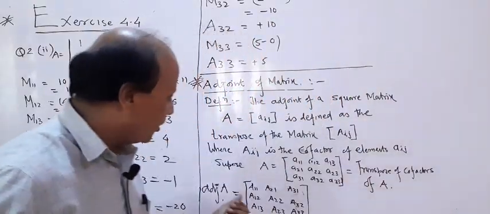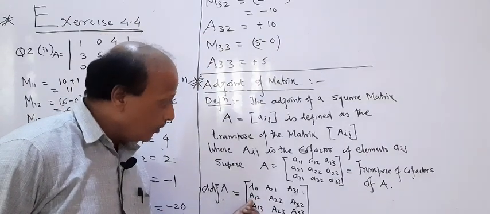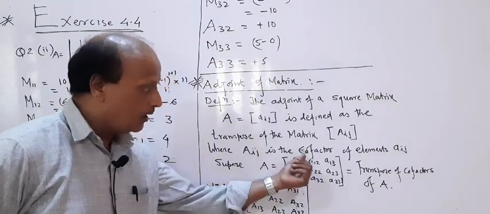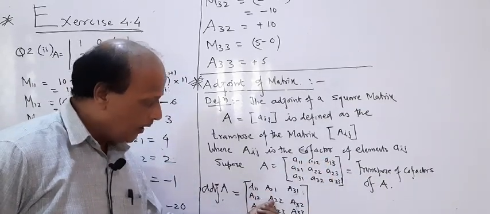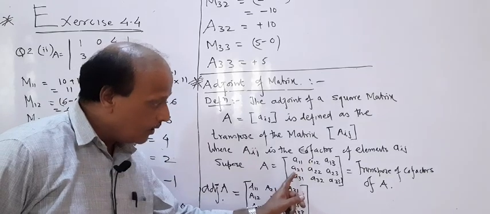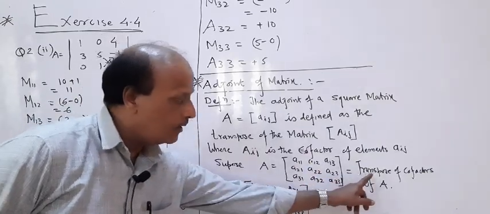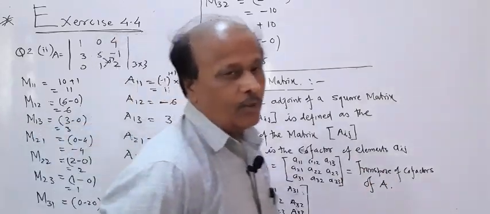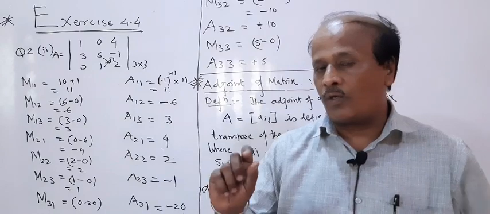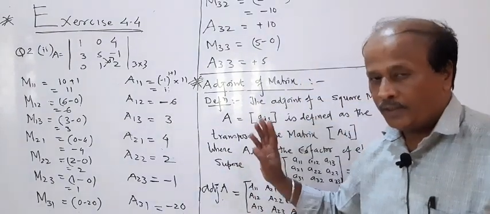So, the elements of adjoint of A will be A11, then A12 in a column-wise manner. Here it was row-wise, remember: A21, A22, A23, it was row-wise. As it comes column-wise, we are finding the transpose of the cofactors of A. Usually for any matrix we have a short symbol, but for adjoint you don't have any new symbol.